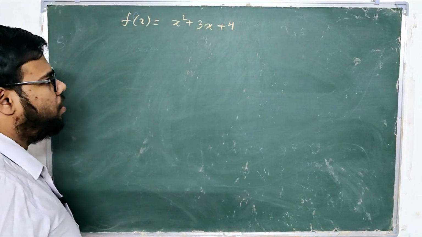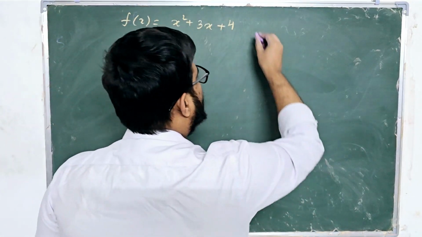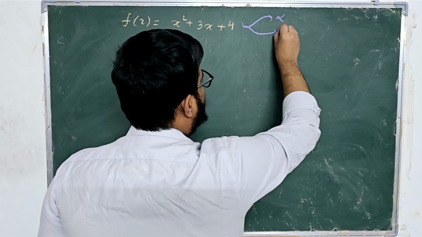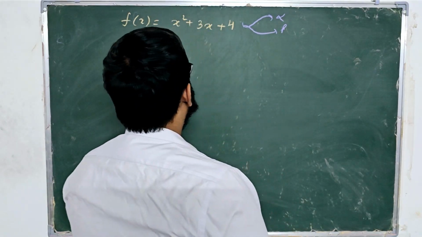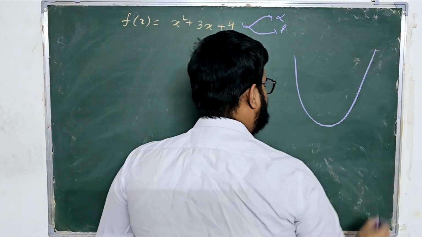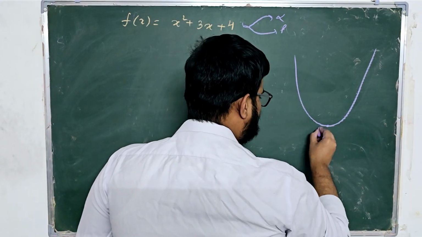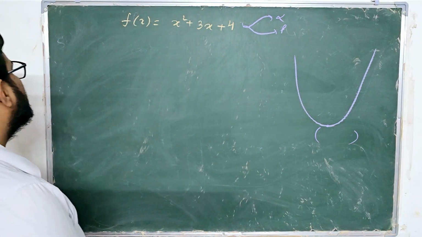So let's find its root. It will have the roots alpha and beta, let's assume that. So it will look like this, the graph, and this will be some point. Okay, so solution.